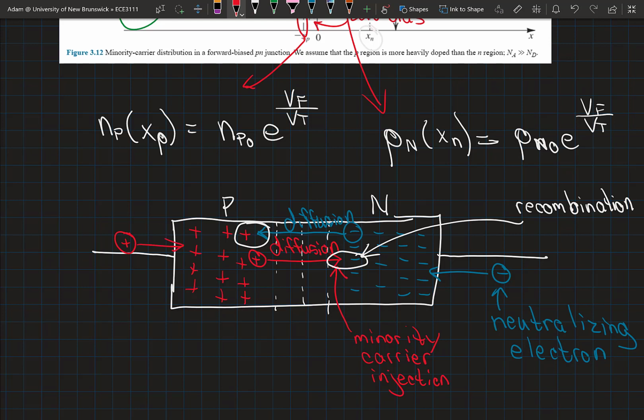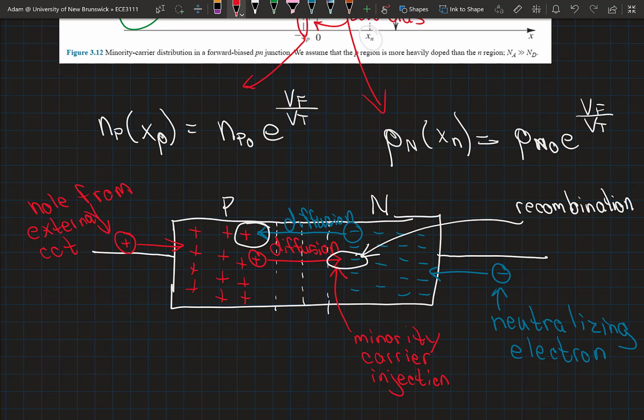So we'll get a hole injected. So this hole from the external circuit will be required as well.